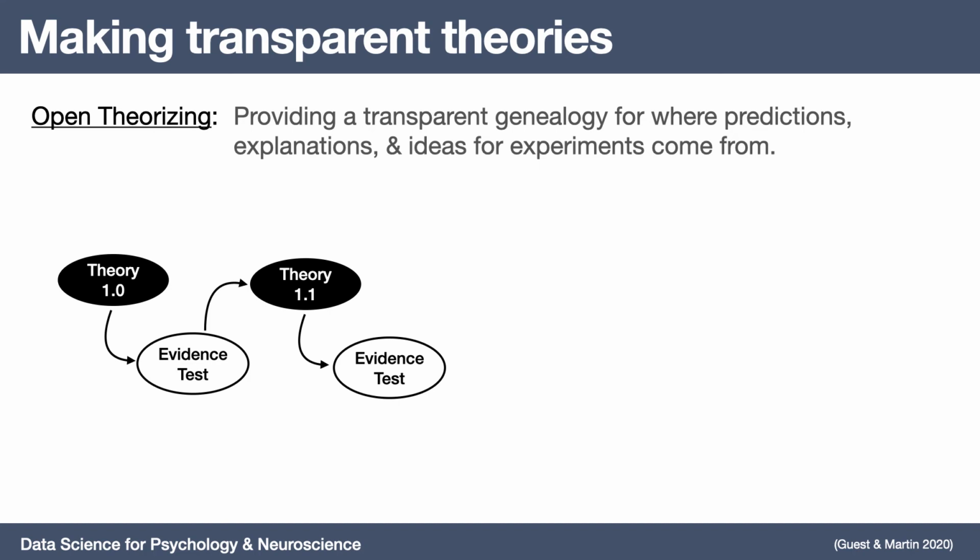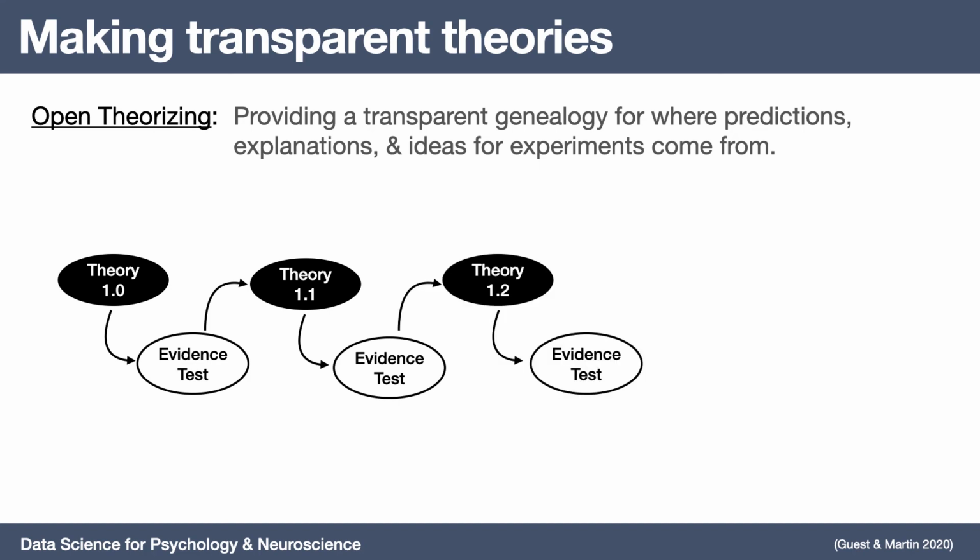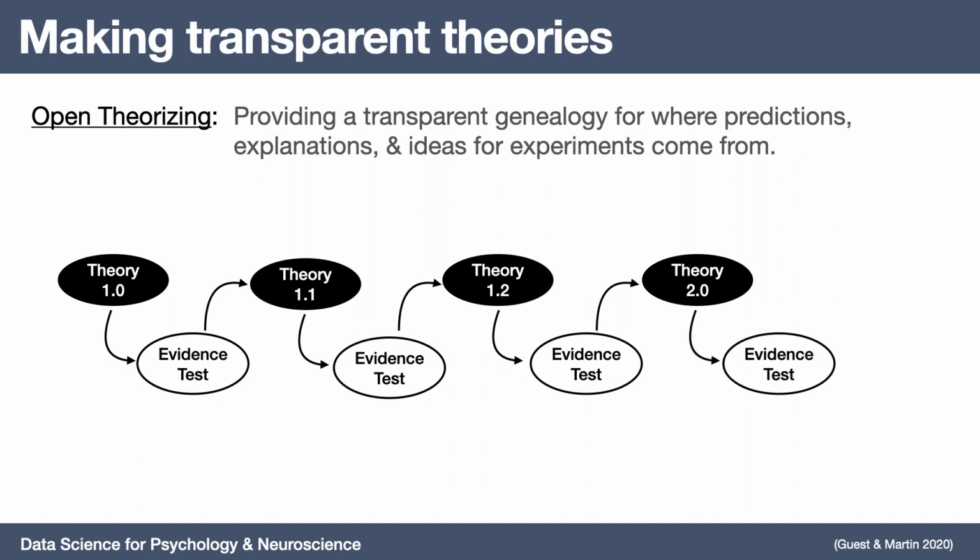The outputs of those two tests further revise your theory. You get more evidence, and maybe that forces you to fundamentally revise the shape or form of your theory. So you come up with theory 2.0. And then you do it again, and this process keeps going until you either run out of possible ways that the theory can evolve, or you have to discard the theory altogether.